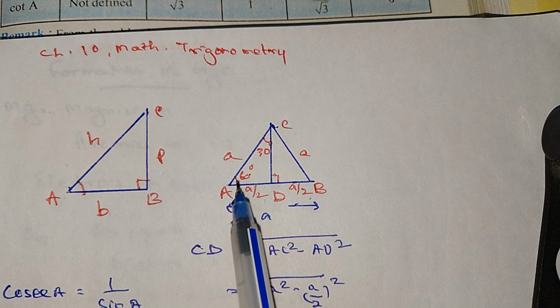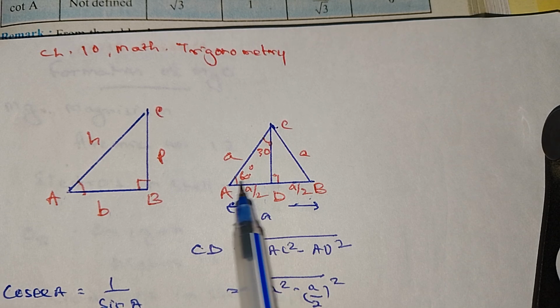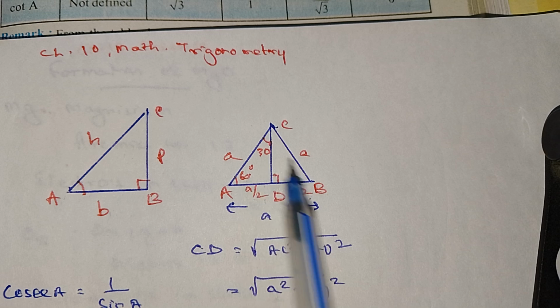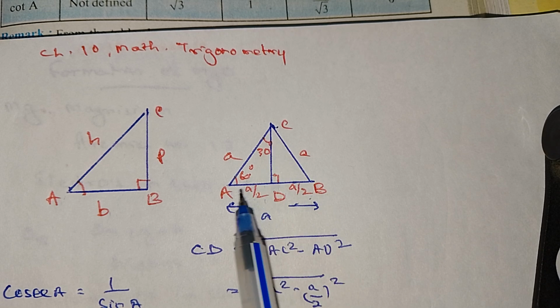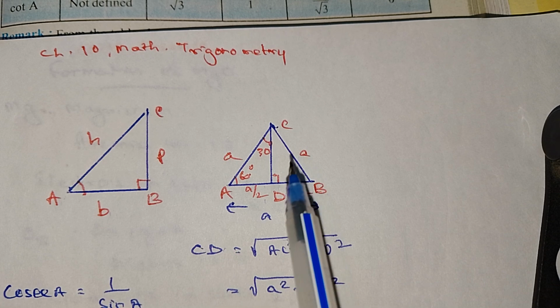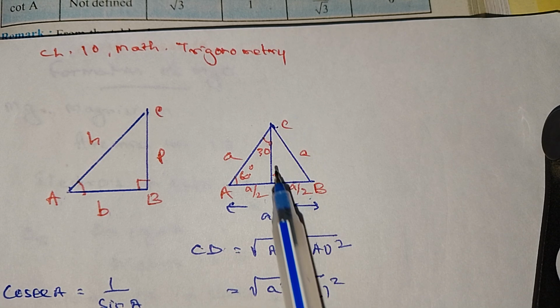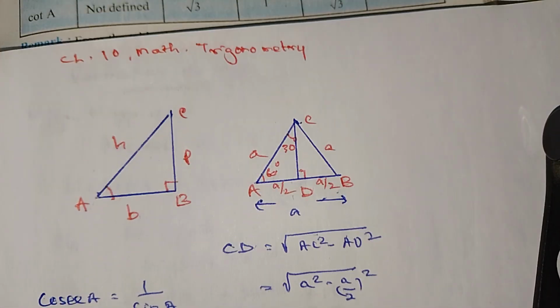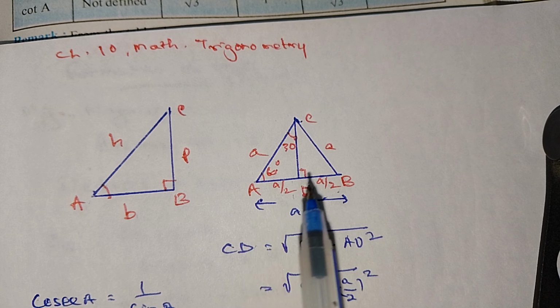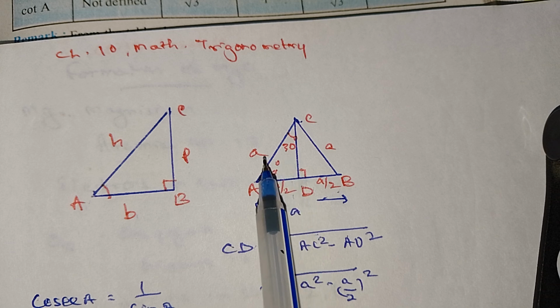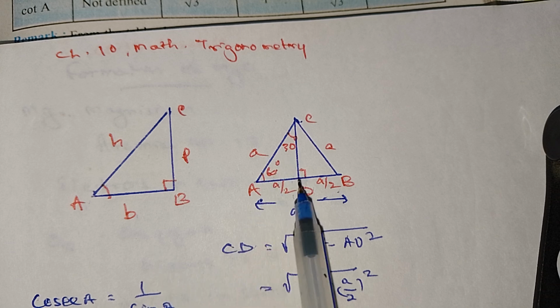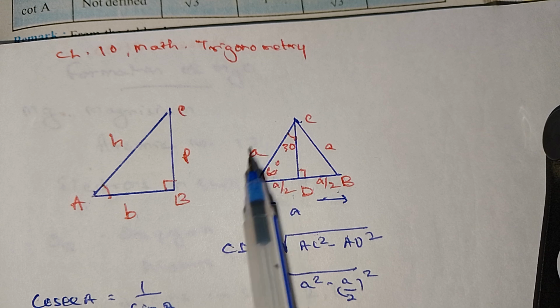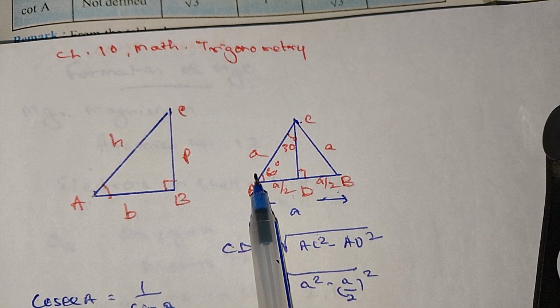So if we consider angle A as 60 degrees, then sin 60 is equal to CD by AC, and by Pythagoras theorem we will find CD is equal to root 3 by 2 A. So sin 60 is equal to root 3 by 2 A by A is equal to root 3 by 2, and cos 60 is equal to A by 2 by A is equal to half.